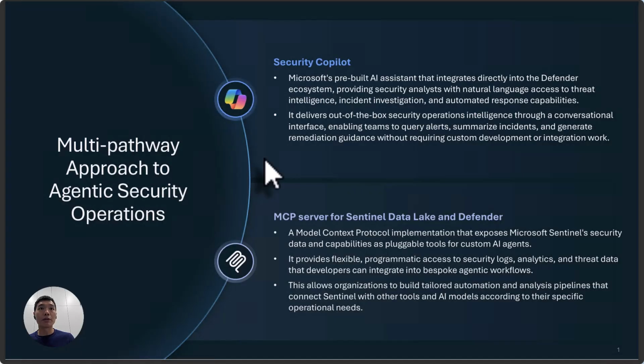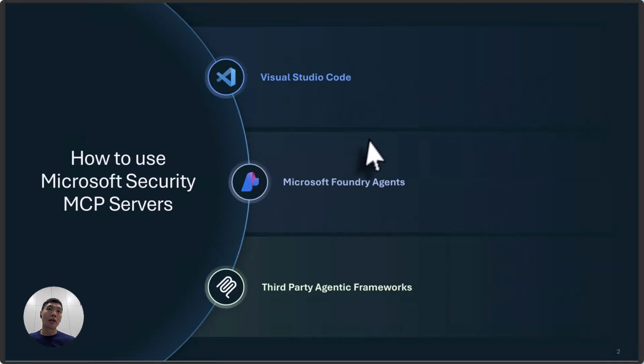So for MCP server itself, right, there are actually quite a few ways to use it, which of course MCP is just a standardized pluggable interface to your data, which in this case is security data. Some of the commonly noted ways to use Microsoft Security MCP server is actually with Visual Studio Code. Some of my colleagues have actually already covered this as well, but I will go through it briefly.